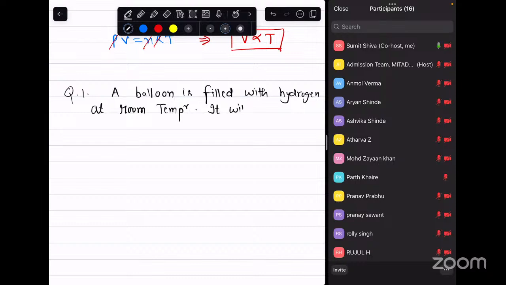It will burst if pressure exceeds 0.2 bar.